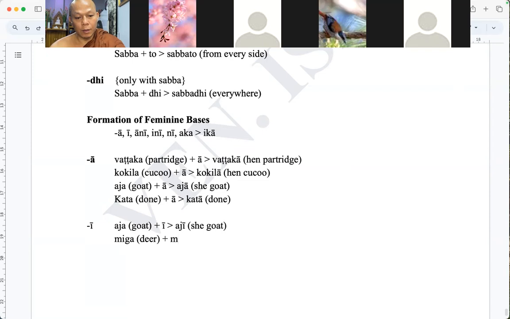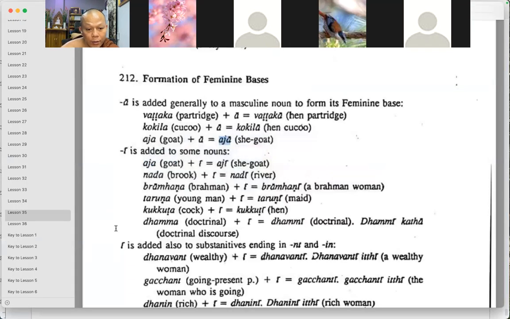And then by adding the E, Miki or Do, in this way for feminine. Female dear, Do, okay. And then another one is Nada, Nadi, okay.